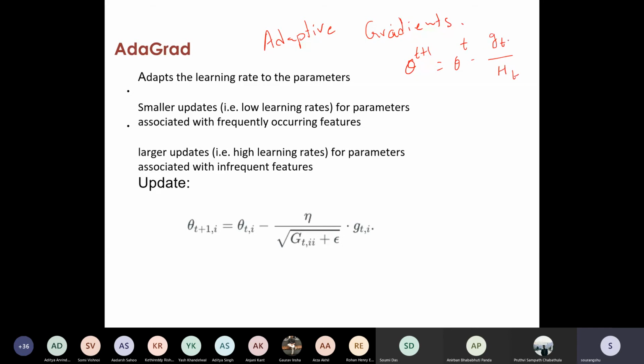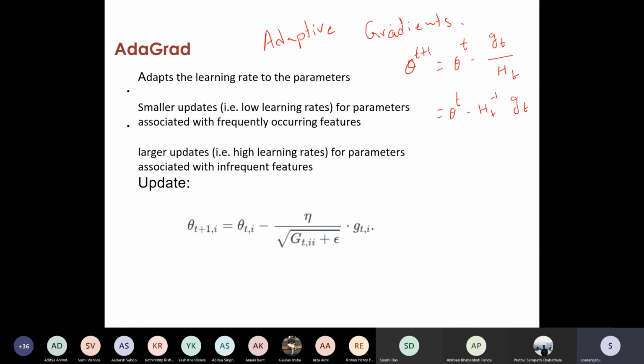This is for a single dimension. For multi-dimensional problems, you will see something like ht inverse gt.